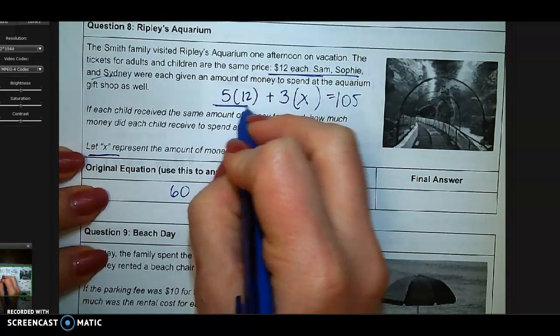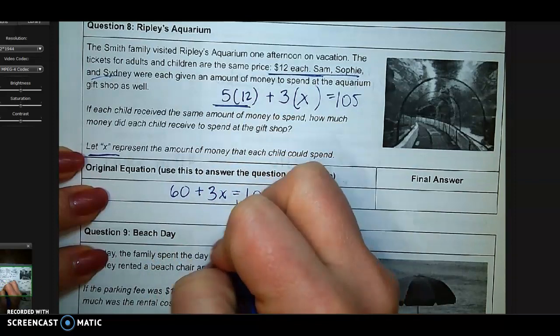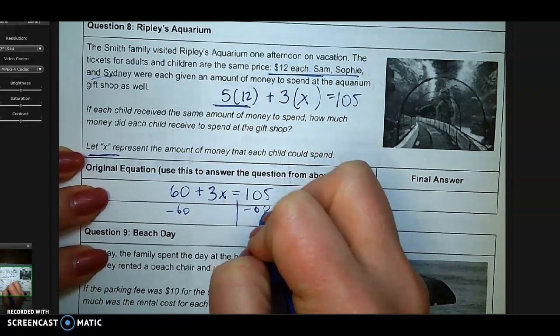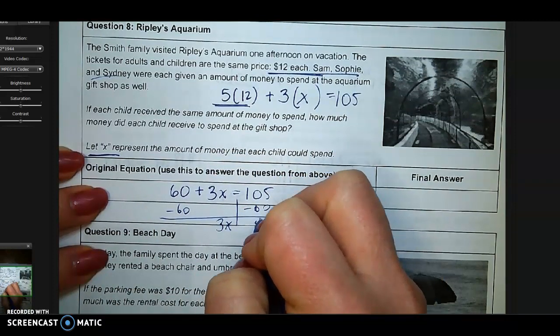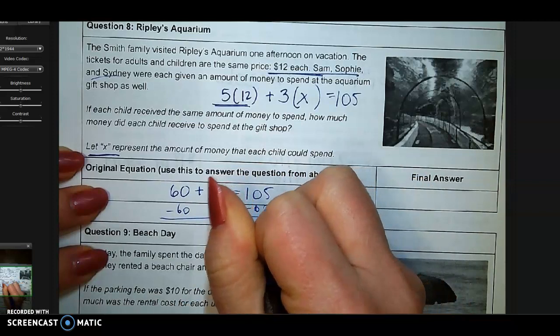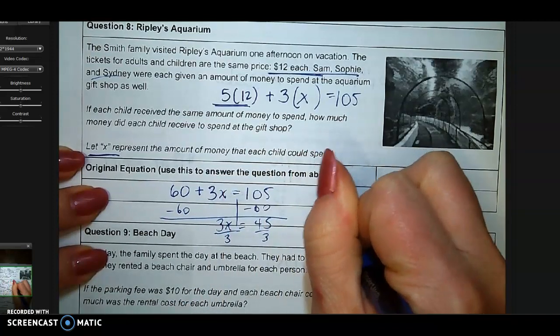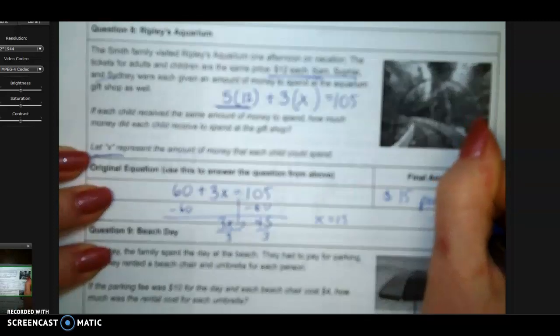So 60, that's the 5 times 12, plus 3x equals 105. Take out the cost of the tickets, and we find out that each kid got to spend $15.